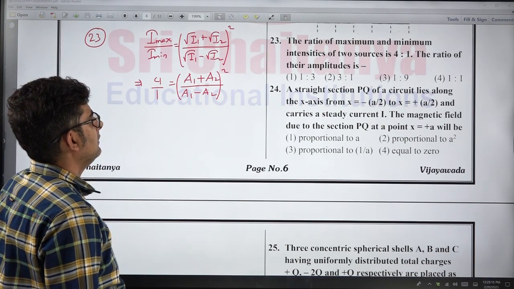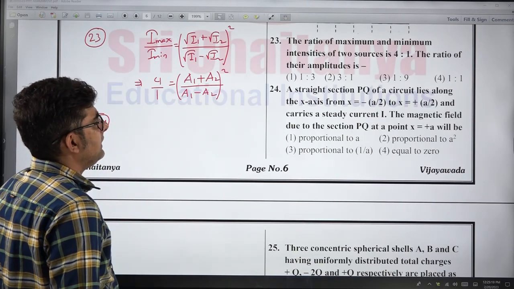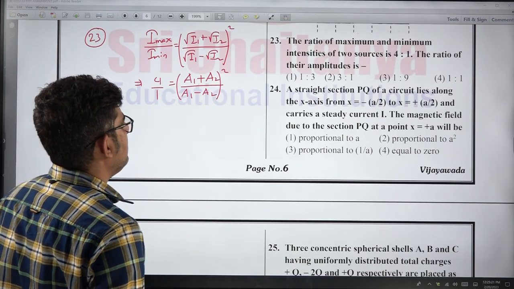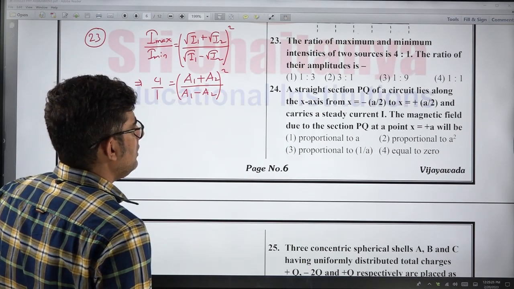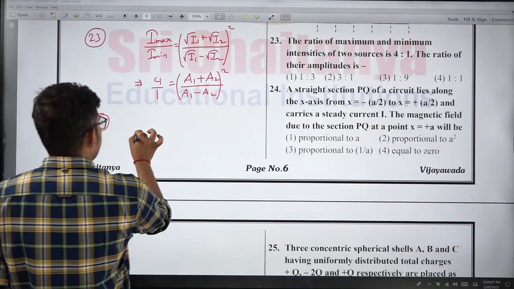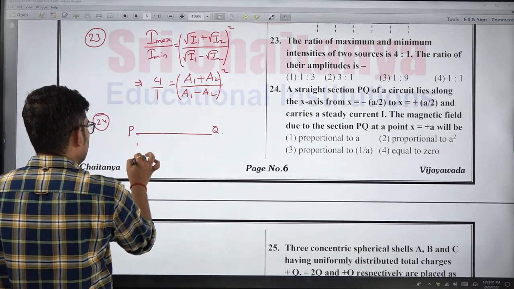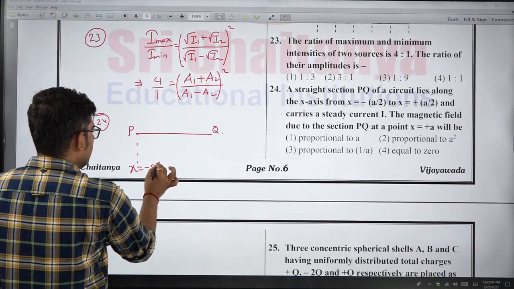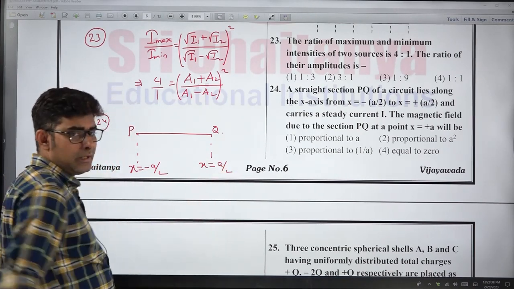Next, 24. A straight section PQ of a circuit lies along the x axis from x equals minus a by 2 to x equals plus a by 2. You have a wire section PQ, and this is x equals minus a by 2 and here x equals plus a by 2.